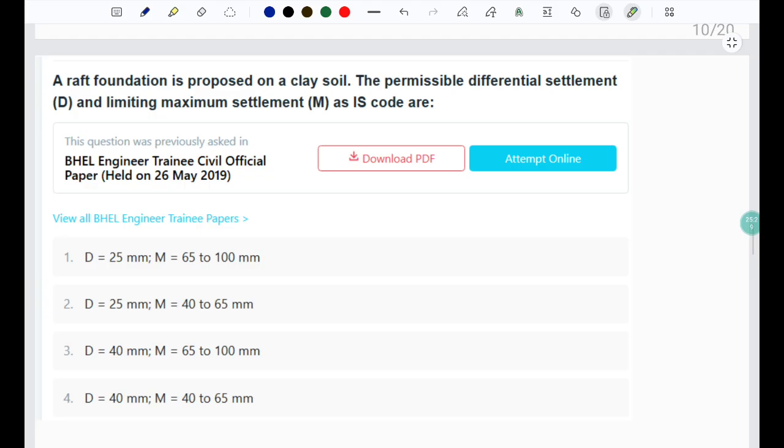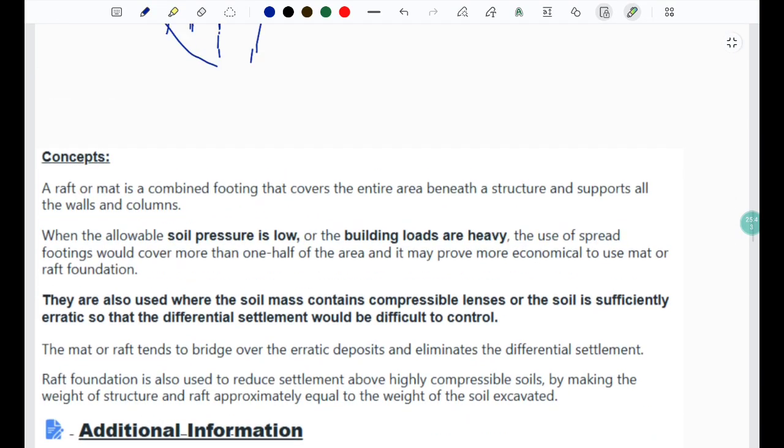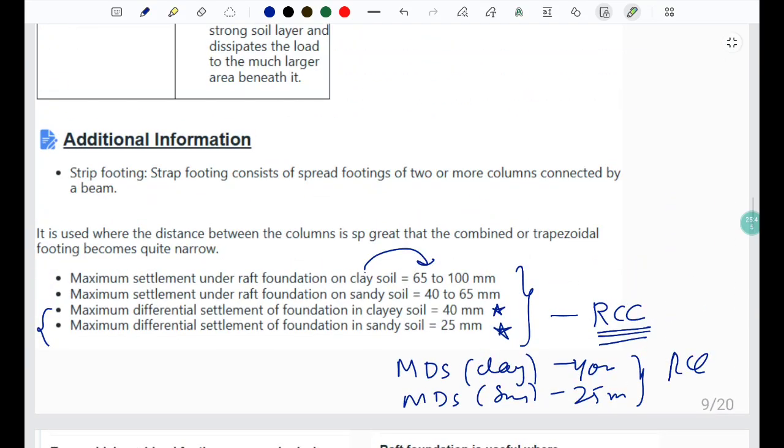Then this question is rather, I'd say, data based. It says the permissible differential settlement and the limiting maximum settlement for a clay. We just learned above that the maximum differential settlement for a clay is 40 mm.